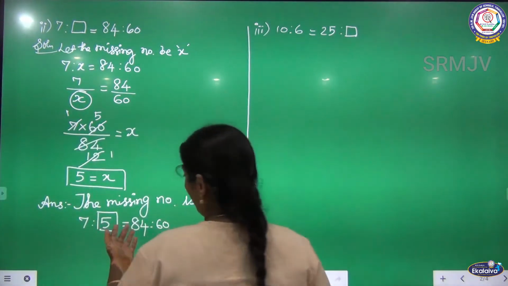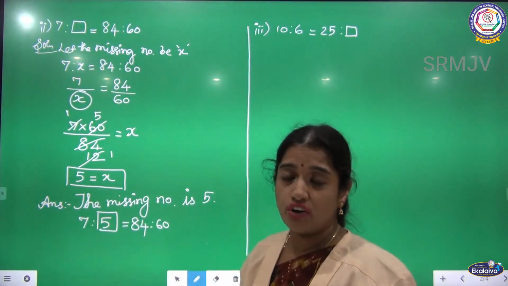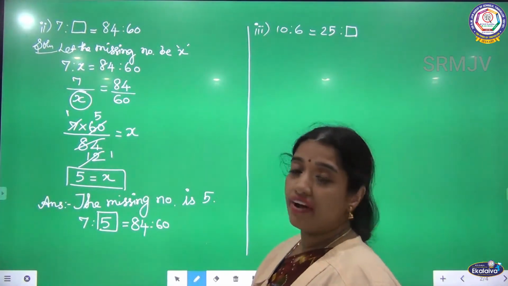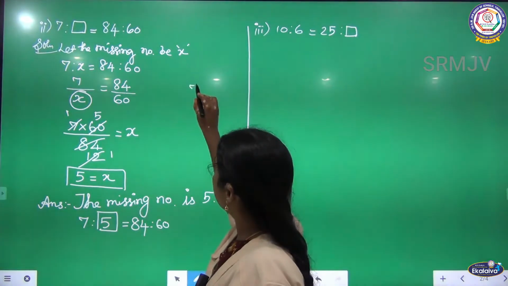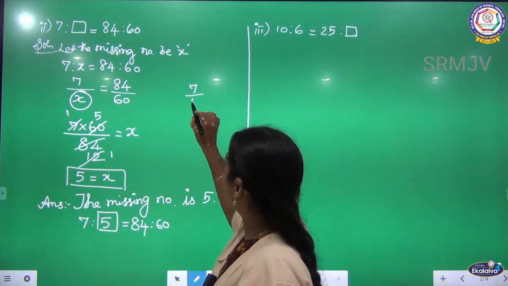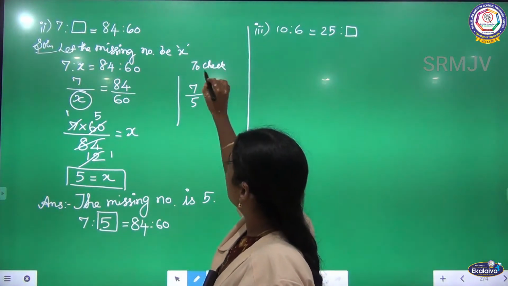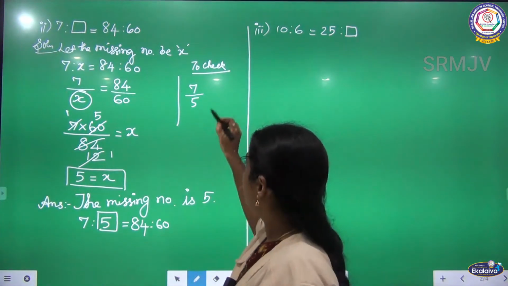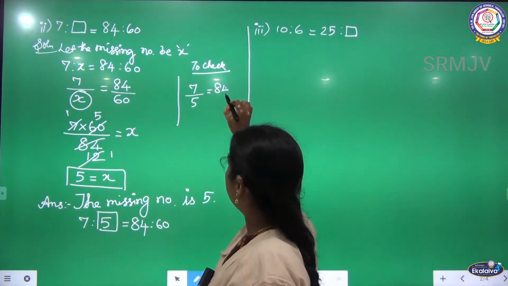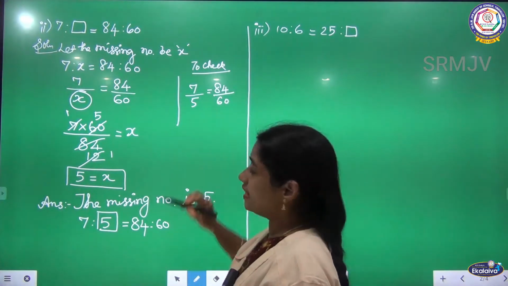We can cross check whether what we found is correct. Listen, 7 is to 5 I can write as 7 by 5 is equal to 84 by 60.